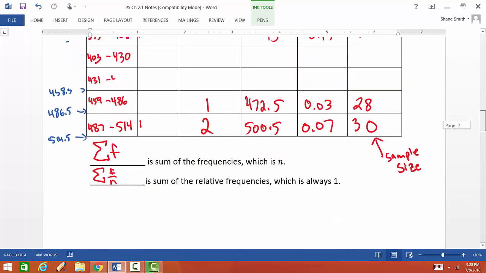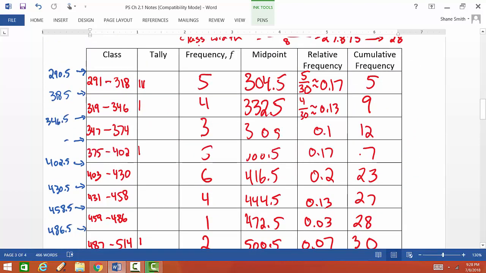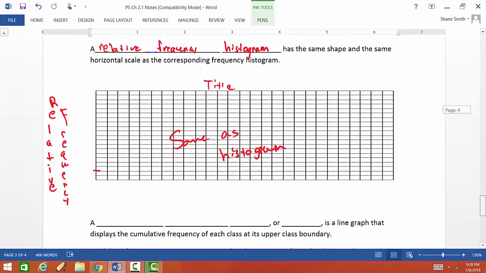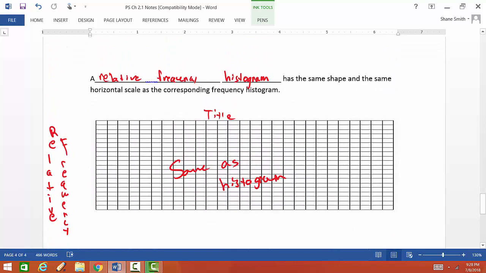The lowest relative frequency looks like 0.03 and the highest is 0.17. So if I count by, I don't know, 0.05. There you go.